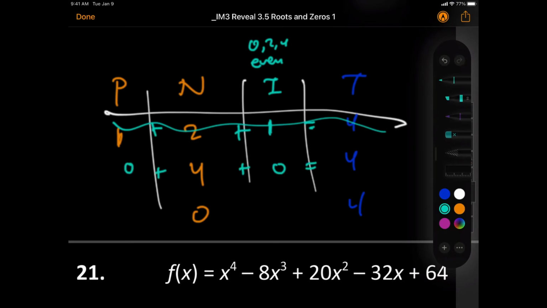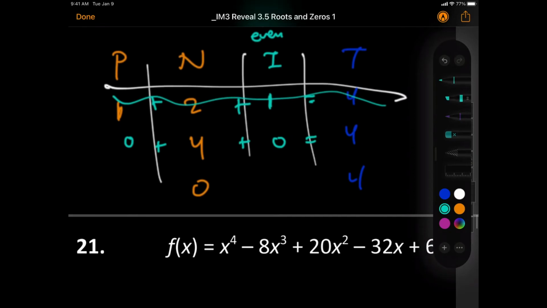And then is it possible you have this one? Nope, because that's an odd. How about if you did 0, can you do 1, this number?